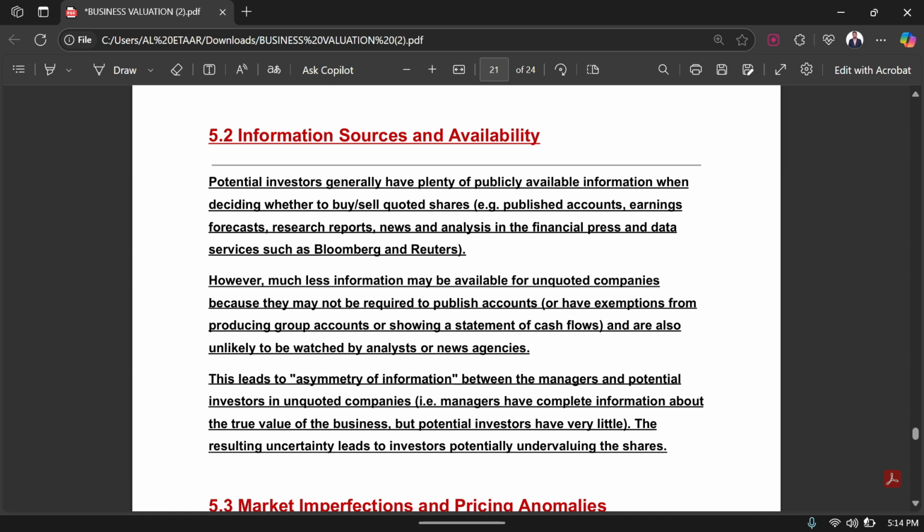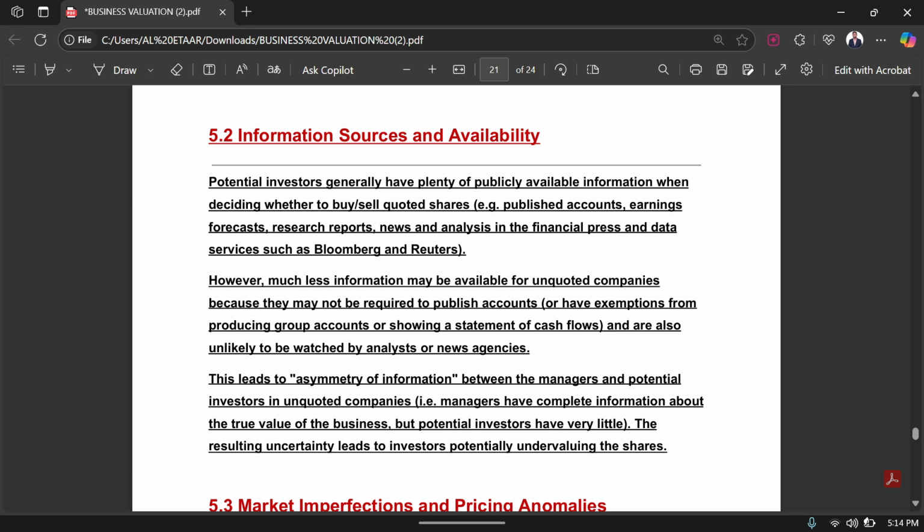So this is a very important point: listed companies are required to submit all their accounts and data to the public because they are listed, right? They should not hide anything from the public because they are raising funds from the public, so they should be accountable to the public. But the unlisted company has nothing. They are not required to publish their accounts. They have a lot of exemptions because they are not raising funds from the public.